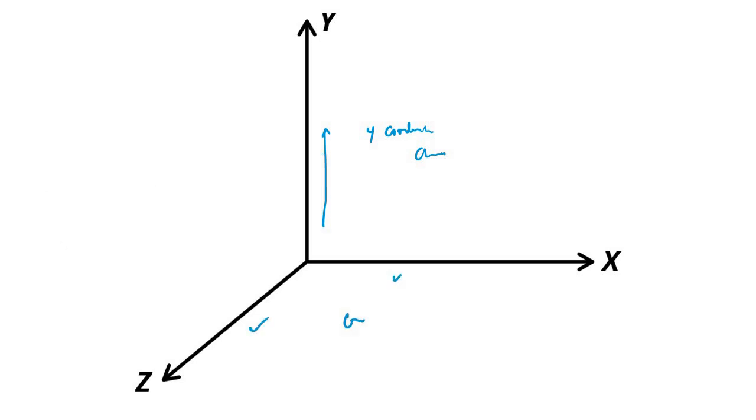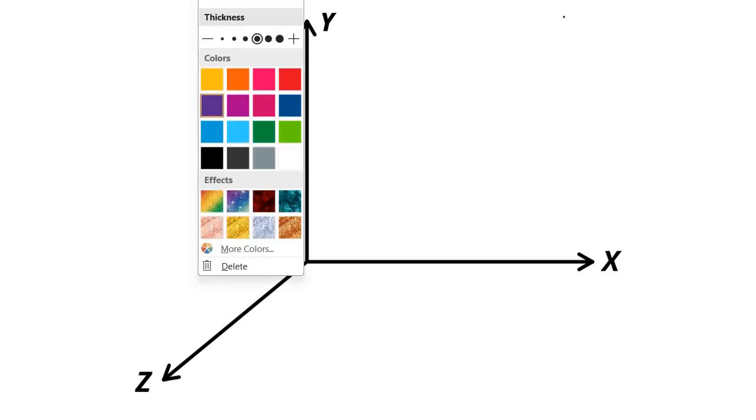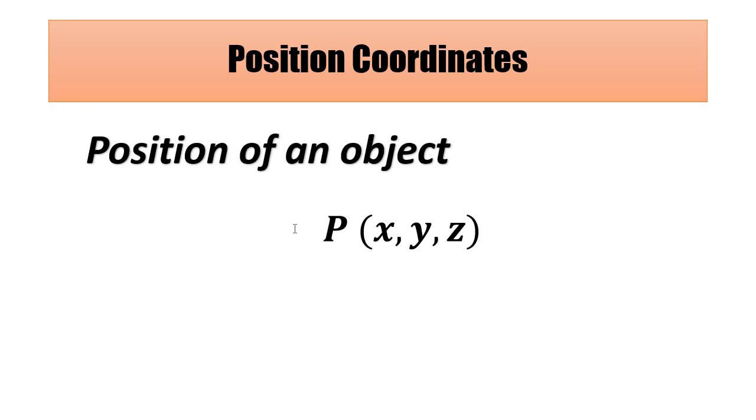And similarly, if motion happened only along the z axis, then the z coordinate undergoes change, while the x and y coordinates remain constant. So that was one-dimensional motion, where only one of the position coordinates is undergoing change.